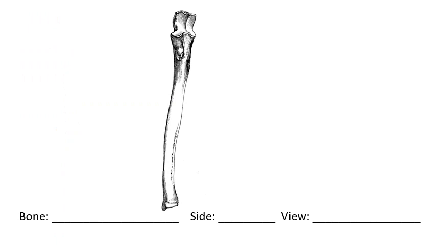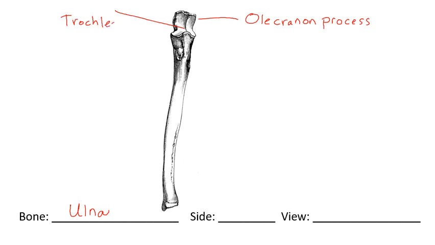Okay, we're going to do a little bit of forensic work here with this ulna, this drawing. And the reason why we go through this, so we've got the olecranon process, and then we have the trochlear notch.